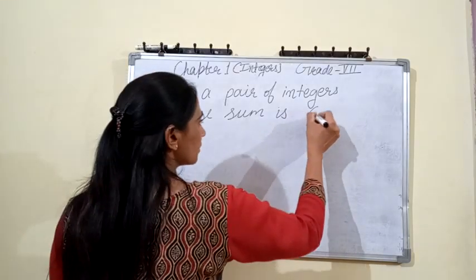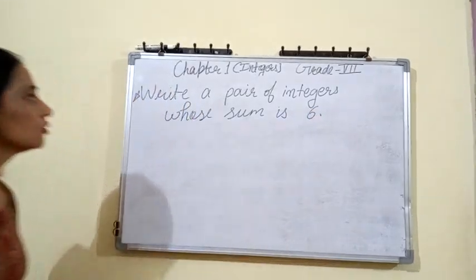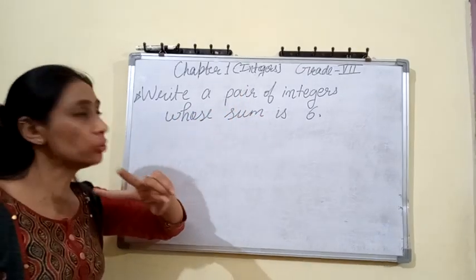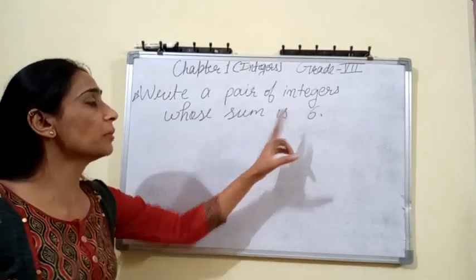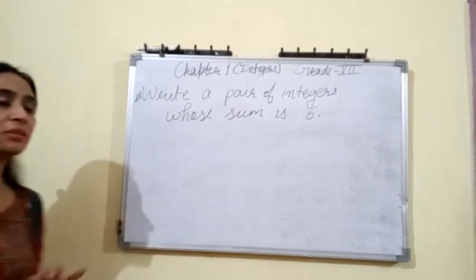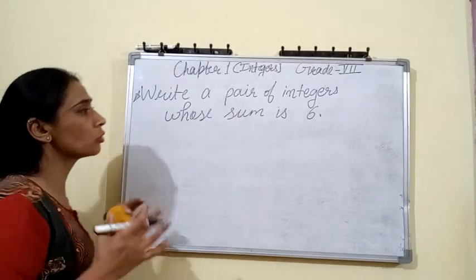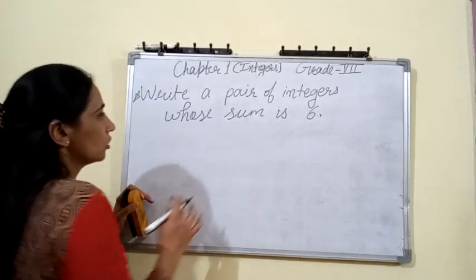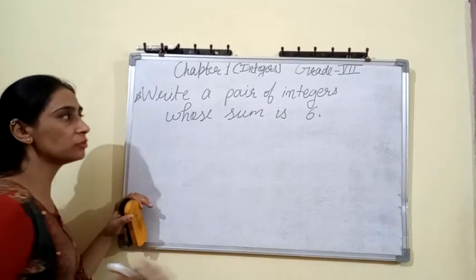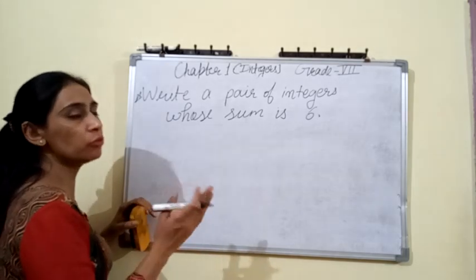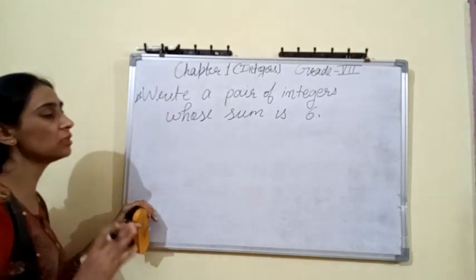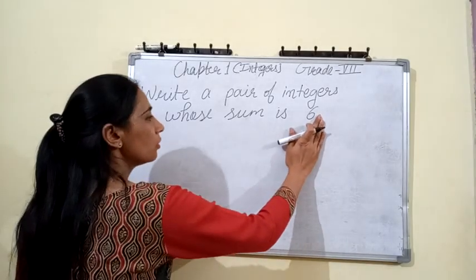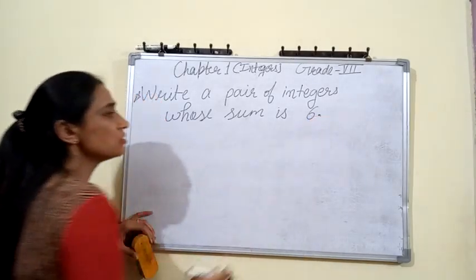Suppose I'm having 6. What you have to do, write a pair, means we have to write two integers whose sum is 6. There are a lot of numbers in the integers whose sum will be 6. They are not telling us whether to take positive or negative. You can take any integer, either positive or negative, that is your choice. I just want the sum to be 6.